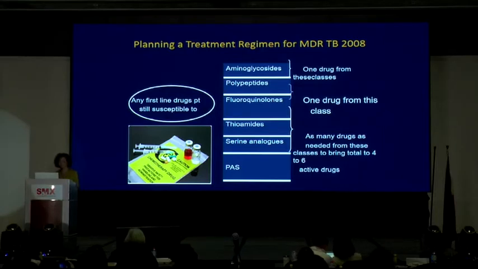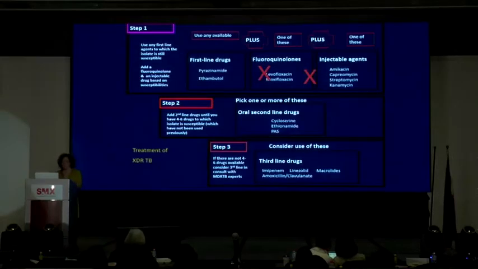So we were giving 4 to 6 types of drugs to patients, and there was no fixed dose combination for these drugs, so patients would have at least 12 tablets and 1 injectable agent for 6 months. And this is just the cascade of choosing the treatment for XDR-TB, which I will not go through because this is passé already. We don't do that anymore.